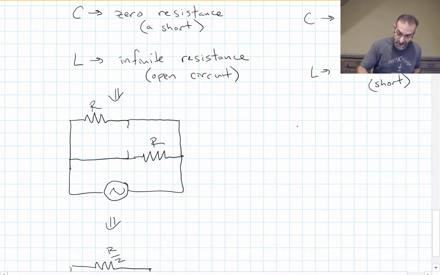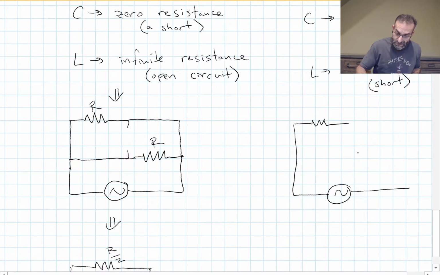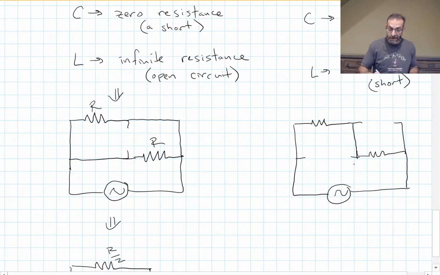The resistors still look the same. But the capacitor acts like an open circuit here, and the capacitor up here acts like an open circuit, and our inductor acts like a short. So now our circuit looks not like two resistors in parallel like it did before. Now it looks like two resistors in series.